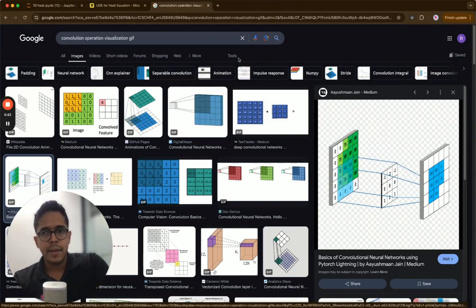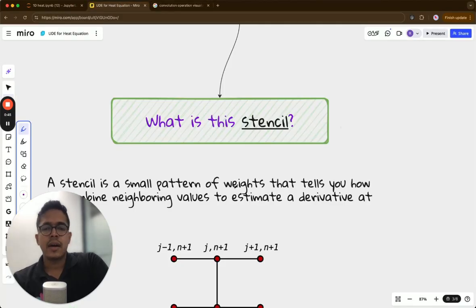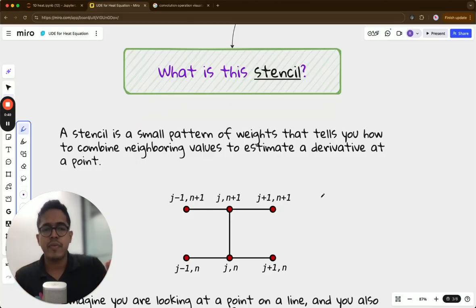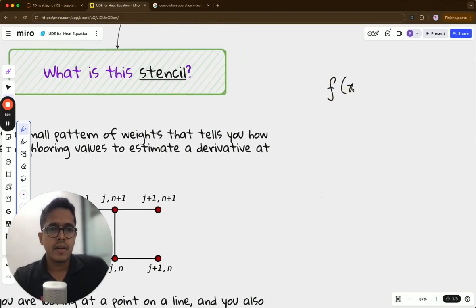So similarly, a stencil is primarily used in discrete mathematics. It's a set of weights which allow you to, let's say, estimate the first derivative or second derivative or any derivative at a point using the neighboring points. So for example, if you have a function f of x_i, where i runs from 1 to 100, so you have 100 data points like this.